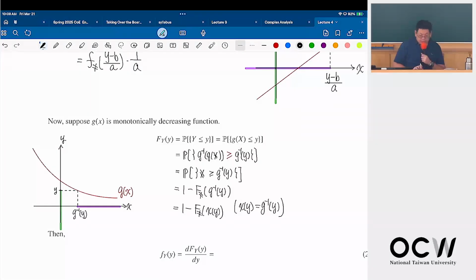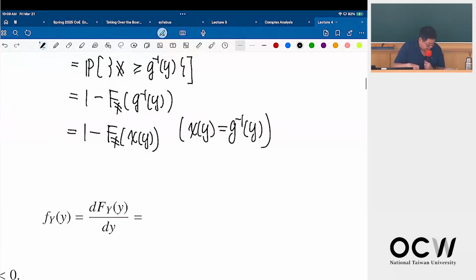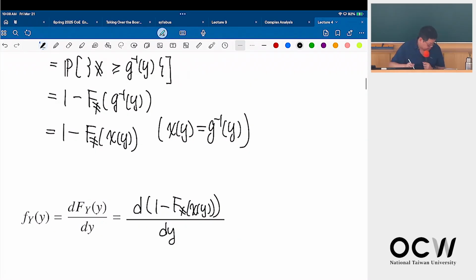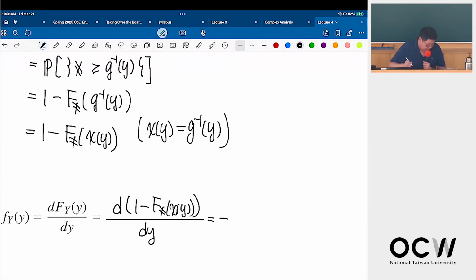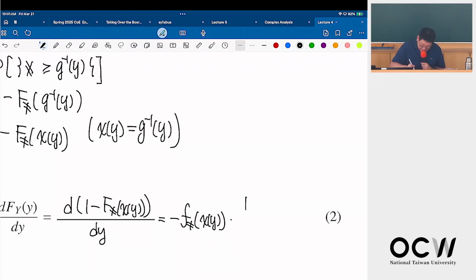Then this is the CDF. Taking the derivative to get the PDF, we have d of 1 minus CDF of x divided by dy. We have minus PDF of x times the derivative.